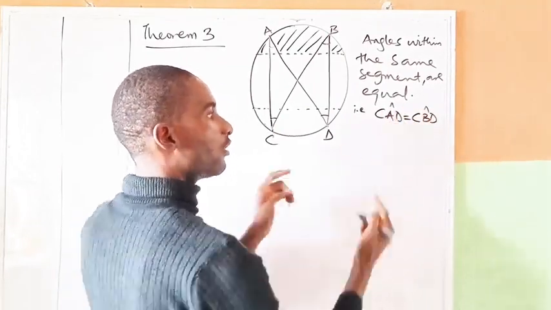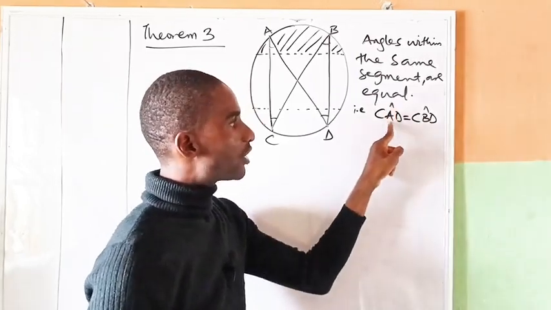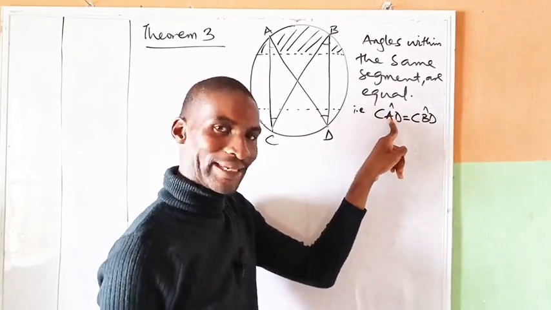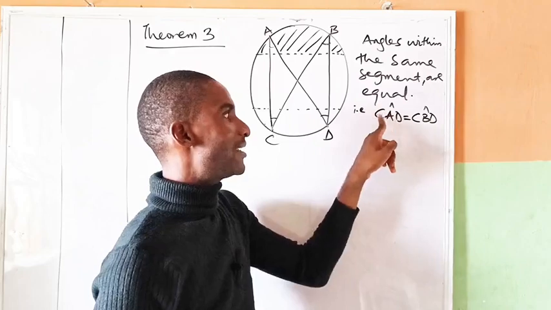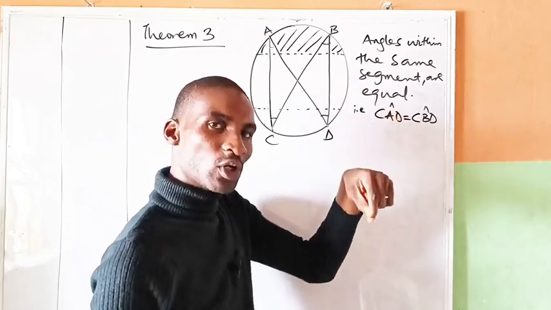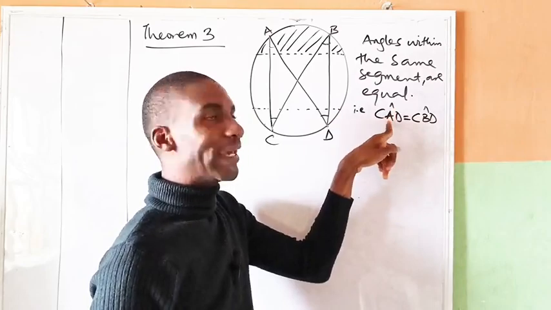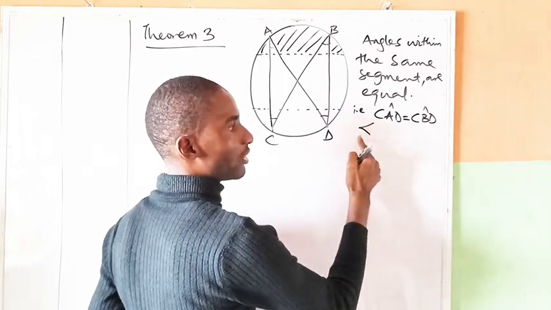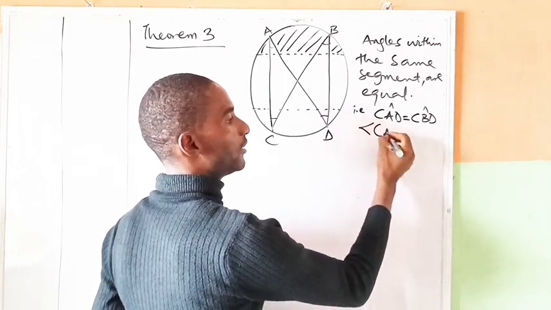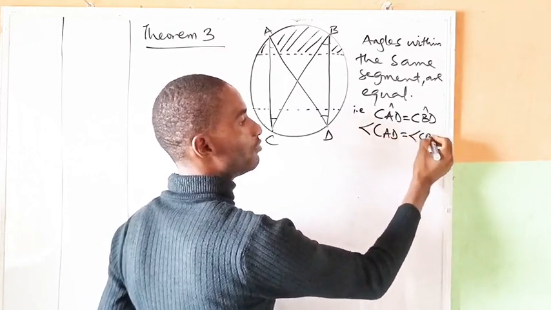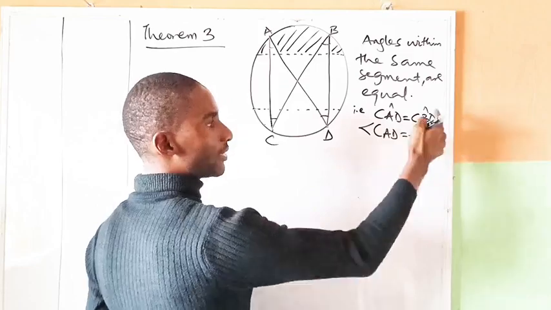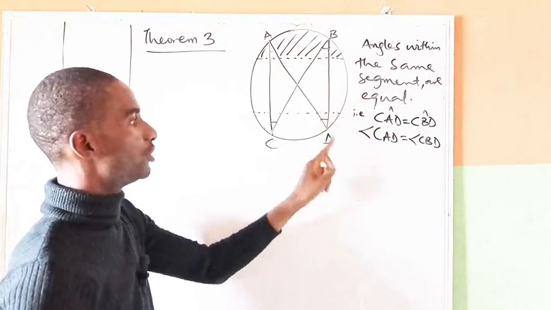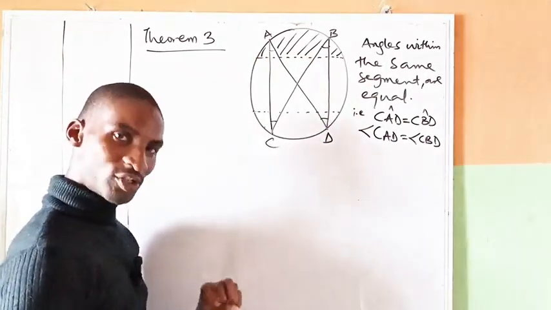The symbol I'm putting on top of A means the angle is on A. CAD, but the angle that we're talking about is actually on A, the middle letter. This can also be written with the angle symbol: angle CAD equals angle CBD. So this and this are the same. That is the third theorem.